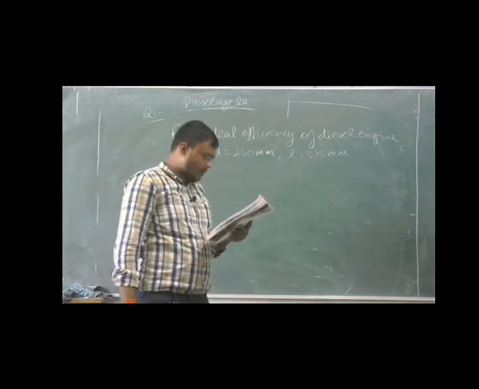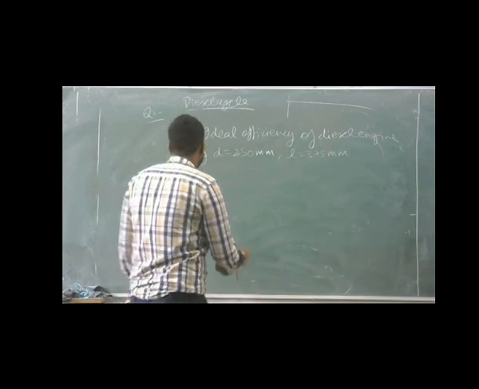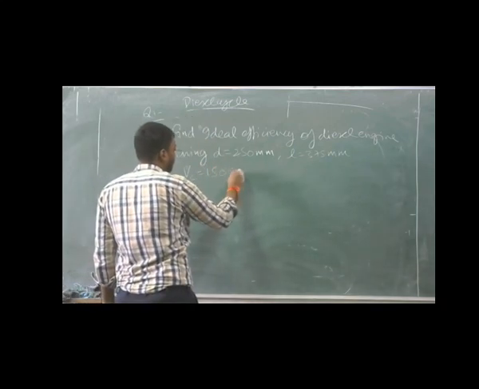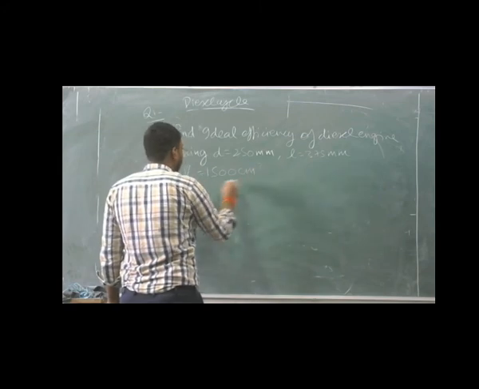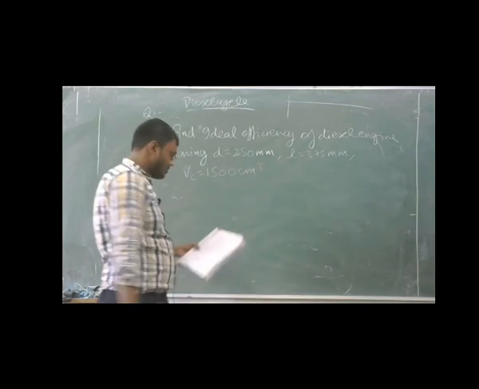And clearance volume of 1500 centimeter cube. Clearance volume is also given here. Vc is equal to 1500 centimeter cube.